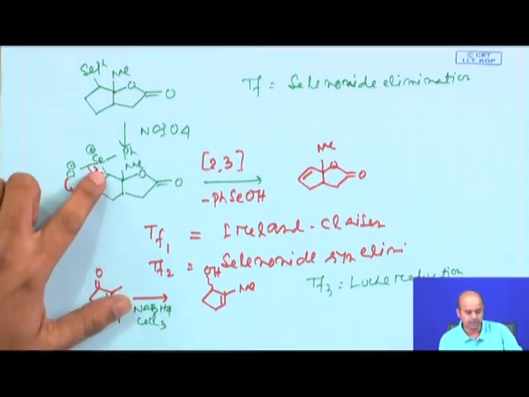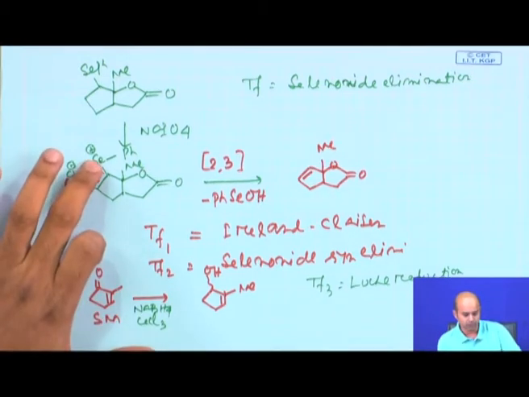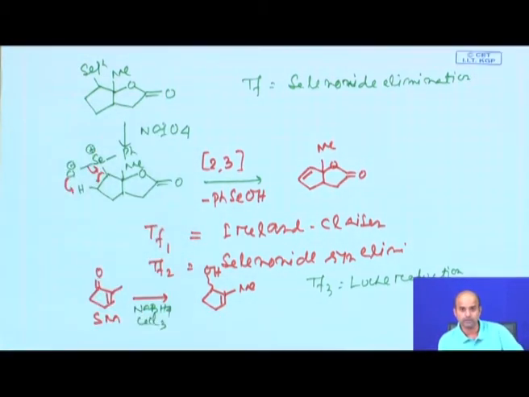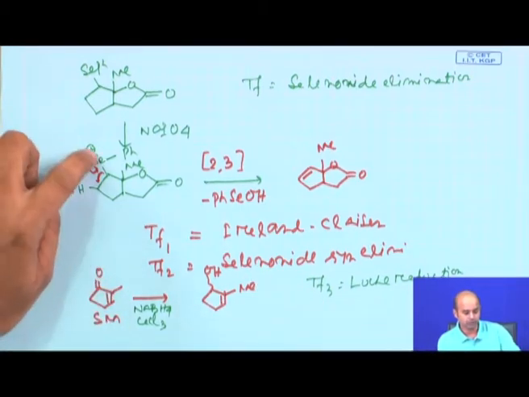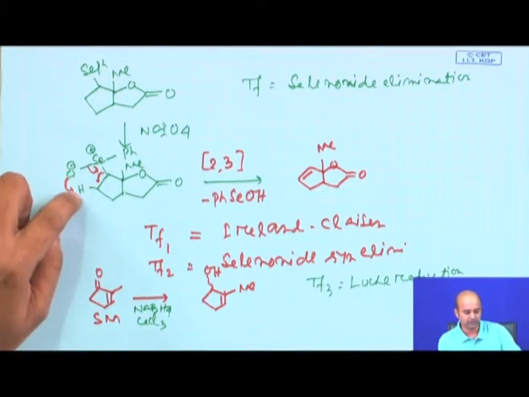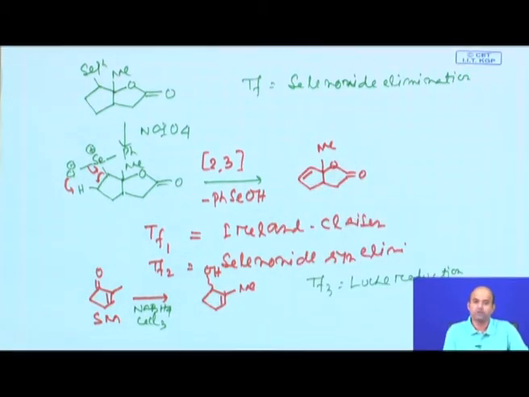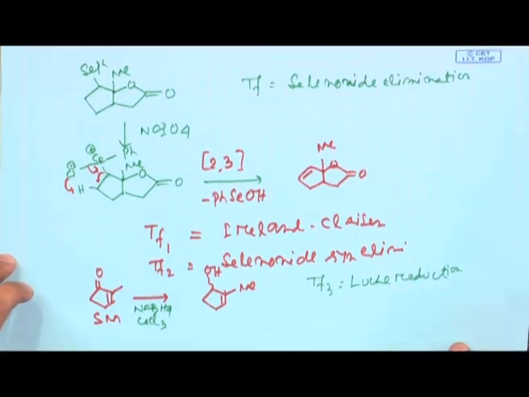The elimination is basically a 2,3 sigmatropic rearrangement. First you need to oxidize the selenium through a proper oxidizing reagent like sodium periodate, then 2,3 sigmatropic takes place. It is a thermal reaction. This O minus abstracts hydrogen and the electron shifting goes this way, and you get the particular target molecule which is desired for this transformation.